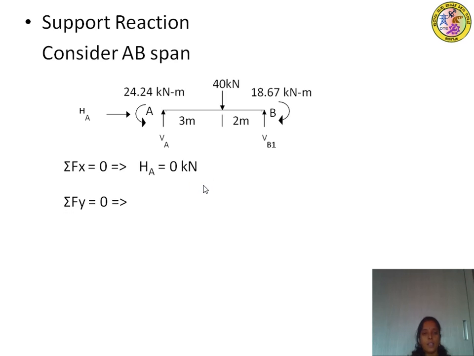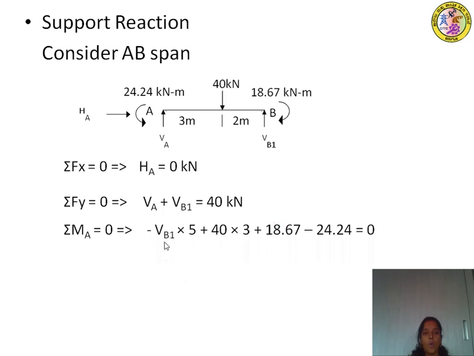Next, apply sigma Fy is equal to 0, which implies VA plus VB1 is equal to 40 kilonewton. Next, take sigma MA is equal to 0. Take the summation of moments of all the forces about A and equate it to 0.